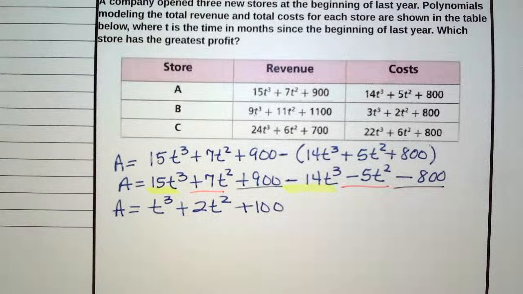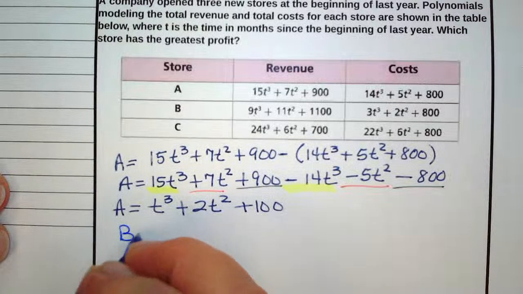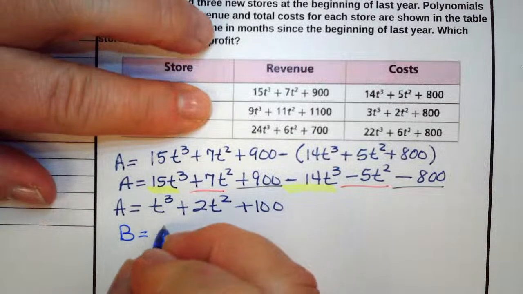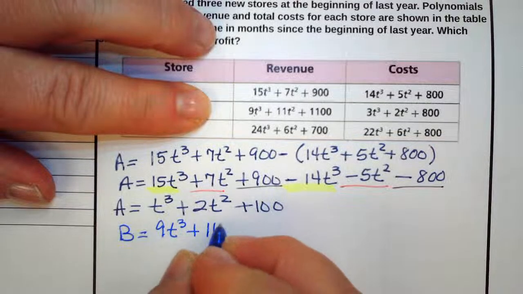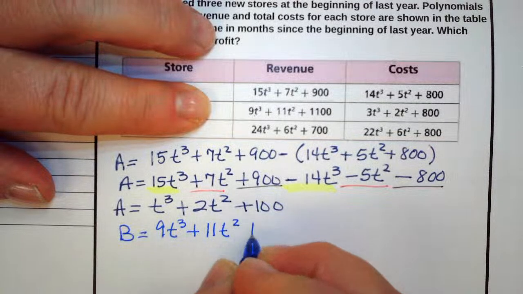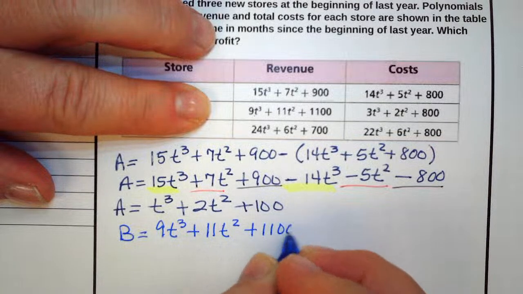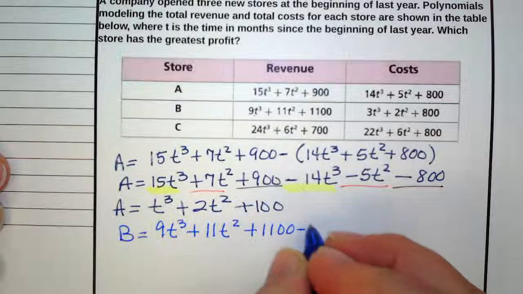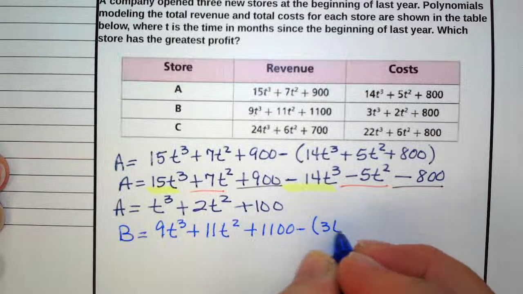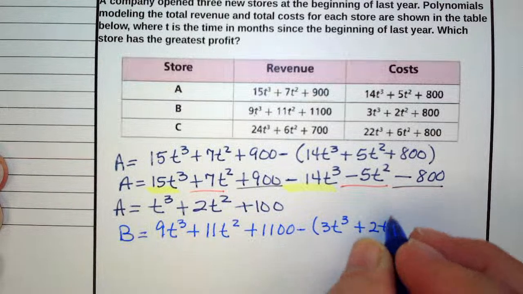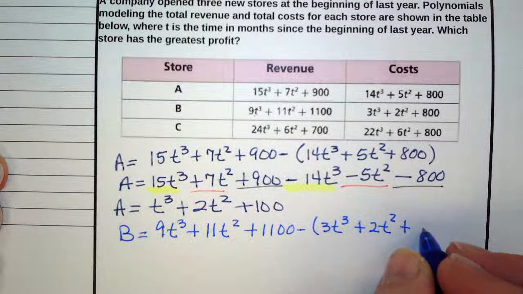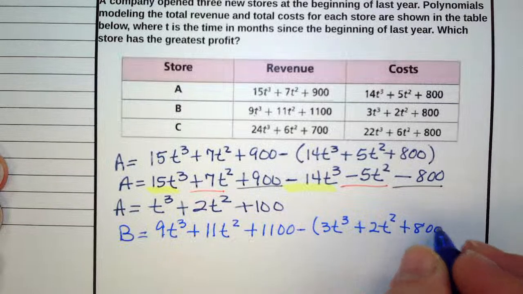Now, what about store B? I've got 9t to the third plus 11t squared plus 1100 minus 3t to the third plus 2t squared plus 800.